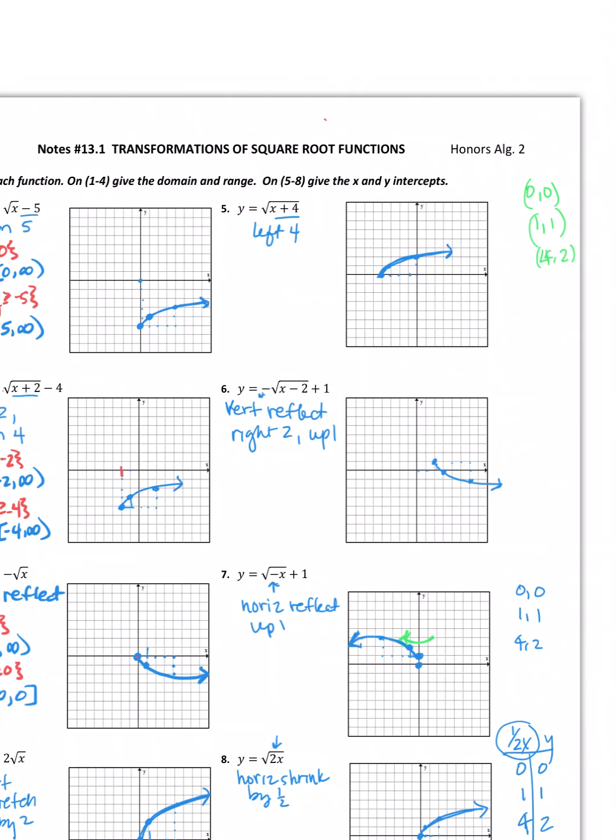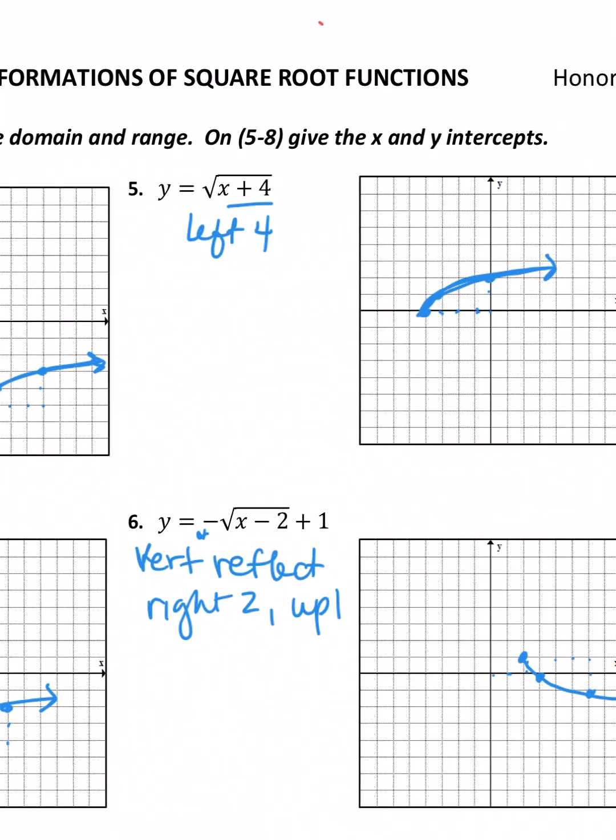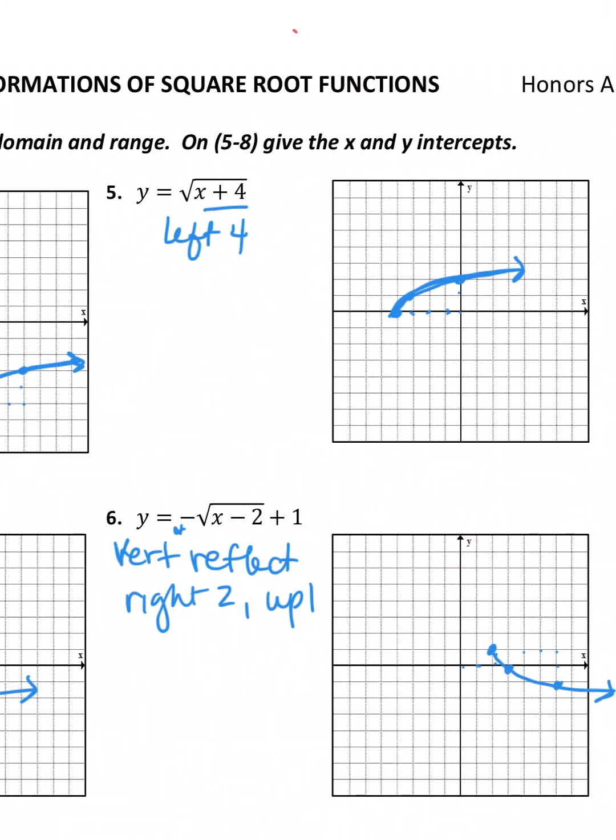All right, x and y intercepts. So let's go back and look at this. X and y intercepts. So on number 5, where is it crossing the x-axis? Well, over here, right? X-intercept would be right here. Where is that? Well, it's -4, 0. And the y-intercept, where is it crossing the y-axis? It's right here at 2, so 0, 2.